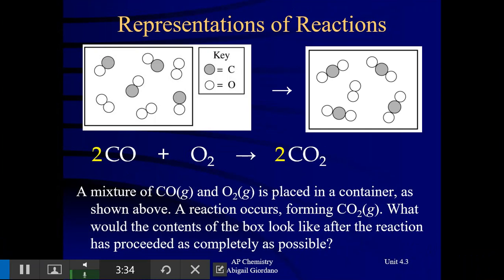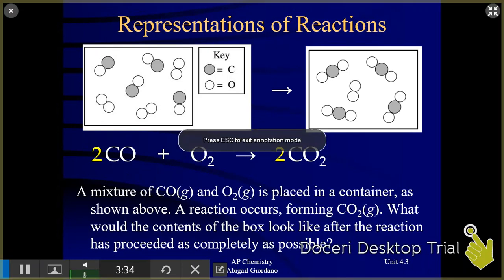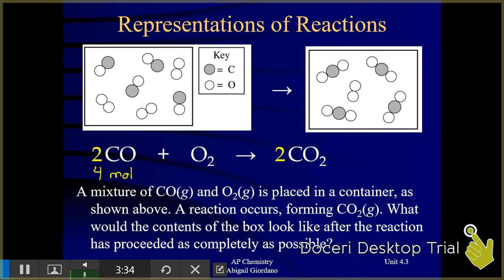All right, so let's see how you did. The drawing on the right there is what your answer should be. Let me write this back in again: the materials I had to work with and the amounts. I want you to notice that the coefficient for carbon monoxide is a 2 and carbon dioxide has the same coefficient.